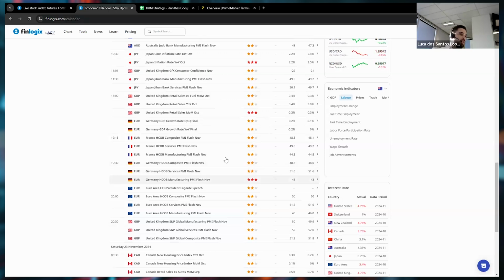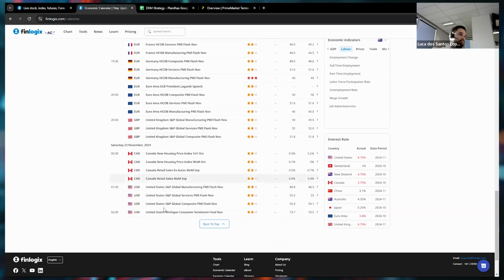Lots of PMIs as well, Eurozone PMIs and UK PMIs. And then on Saturday, pretty much just retail sales for Canada, and services and composite PMI and manufacturing PMI for USA.